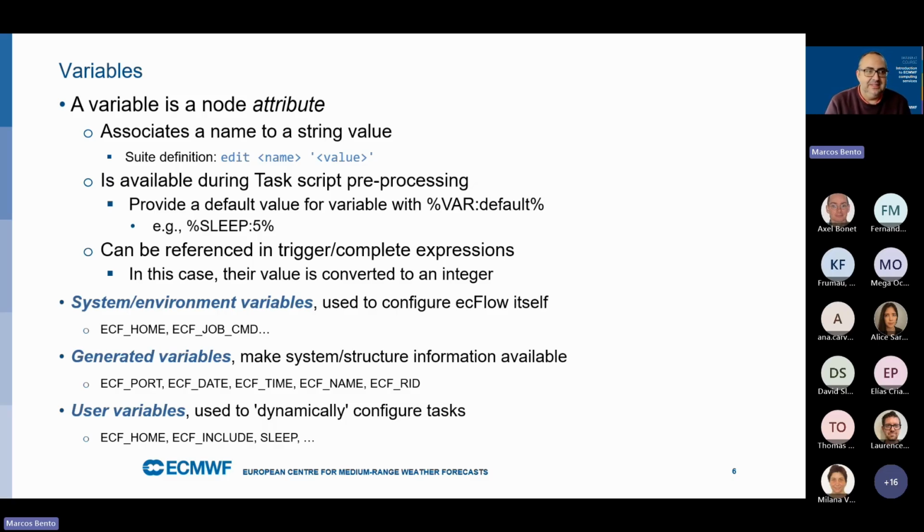Okay, typically they associate a name with a string value, as we've seen, and basically we call them edits in the suite definition, right? So you say edit, then the name of the variable, and then a value. I put the single quotes there, but they don't have to have single quotes. Okay? And we call them edits because they are used to, air quotes here, edit the task script.